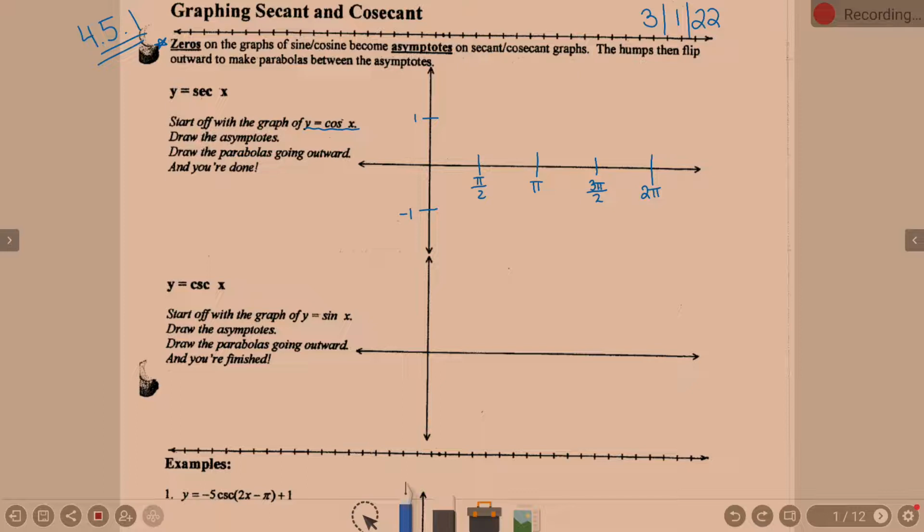So if you remember, a cosine curve starts up high, cuts through at pi over 2, has a minimum under pi, crosses through at 3 pi over 2, and has a maximum above 2 pi. That's the basics from yesterday, right? As I said, it's a dotted line, so I'm just using it to help place my secant curve.